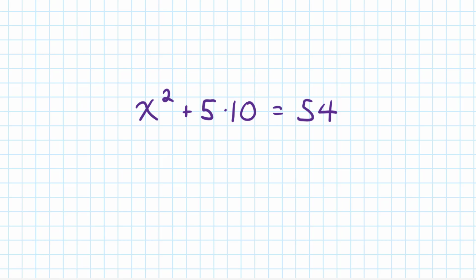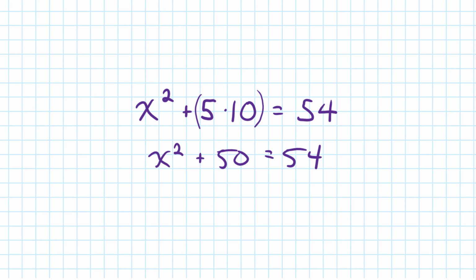Now, imagine that the unknown was the 2. So at this point, we're going to combine these two first. So we have x squared plus 50 equals 54. Now, we need to get rid of that 50.